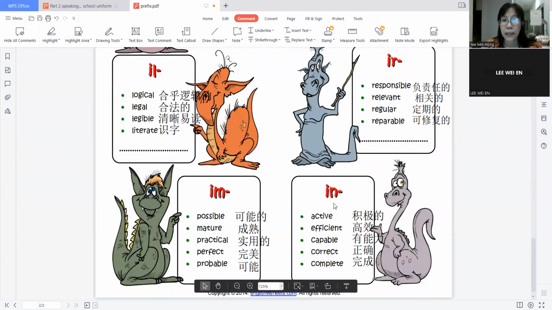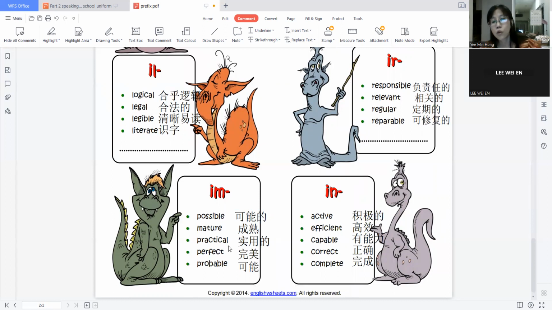And there's IM and IN. Can you read these with IM? Possible, mature, participial, perfect, probable. Impossible, immature, imperfect, improbable. Impractical means not practical. The solution you provide is impractical. If I say the solution you provide is practical, it is useful.